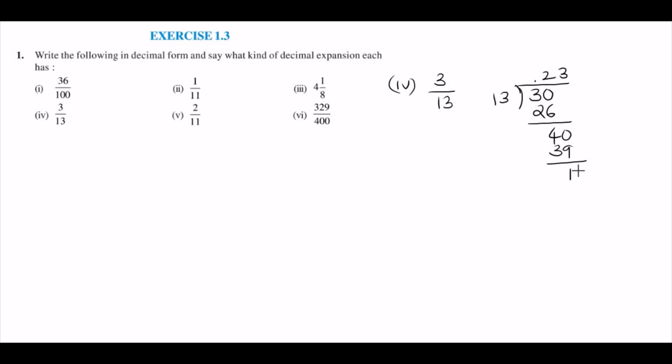So the remainder is 1. So in 10, 13 will not go. So 0. So next is 0. If you keep, you will get again 100. So in 100, 13 goes 7 times. That is 91. So 100 minus 91 is 9. So in 90, 13 goes 6 times. That is 78.